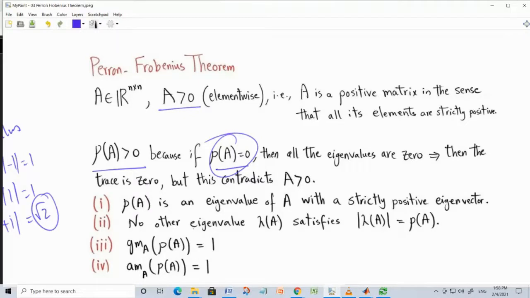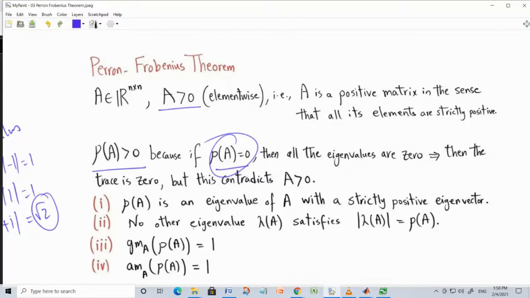If you are doing wireless communications, what is an example of a matrix whose entries are positive? Let's say a matrix of powers, perhaps transmission powers of users in the system. Then you will have to deal with a matrix whose components are real valued, and all of them are strictly positive.